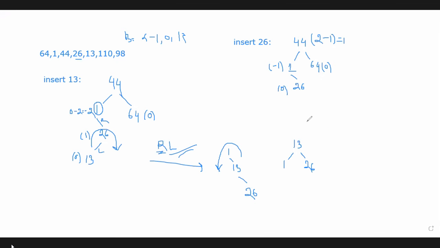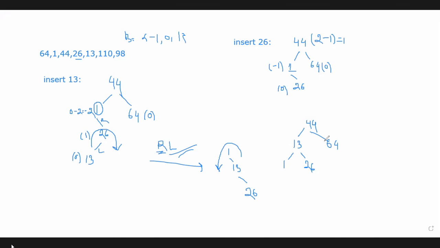Okay, so 1 was the left child of 44 and 64 was the right child of 44. The balance factor of 1 was -2 after inserting 13. So this is not a balanced tree, so apply this right left rotation, then create a new tree.